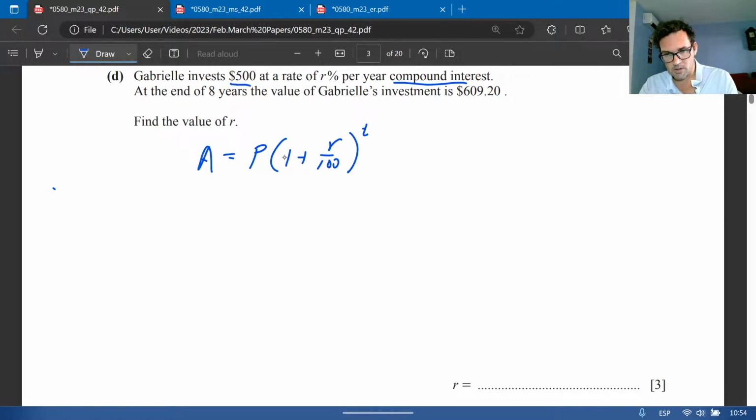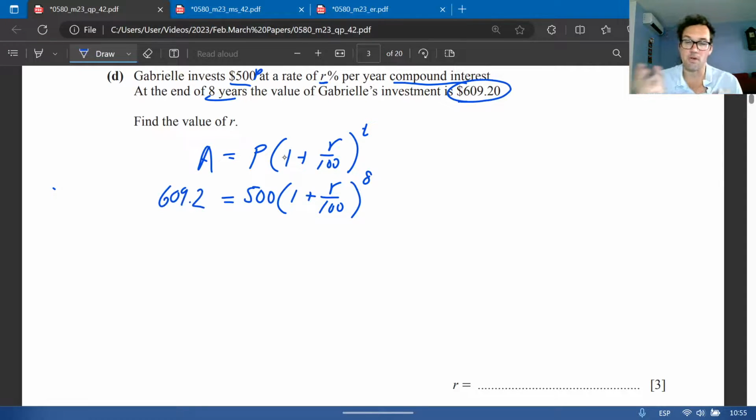We know the principal P is 500. We don't know the rate R, so it stays as R. We have the time, 8 years. And we have the amount of the investment, 609.2. Remember, compound interest does give you the whole amount.